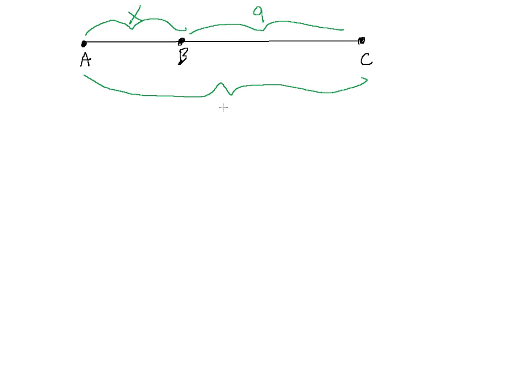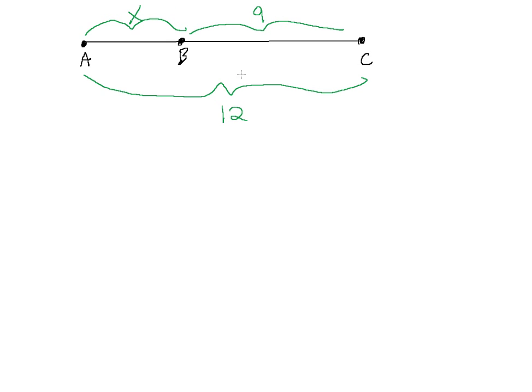This is our next line segment. This point is point A. We have another point here, point B, and here's point C. This time we're told that the distance AB equals X, the distance BC equals 9, and the distance AC equals 12.